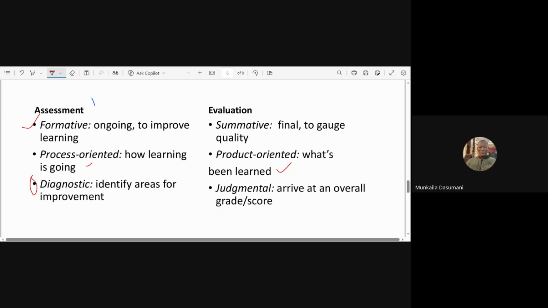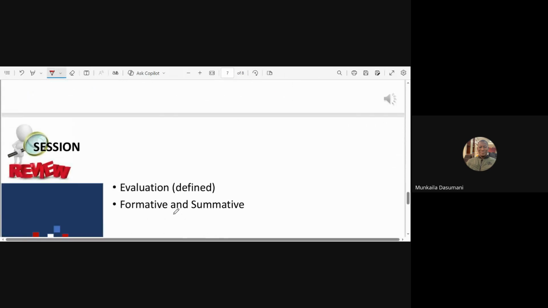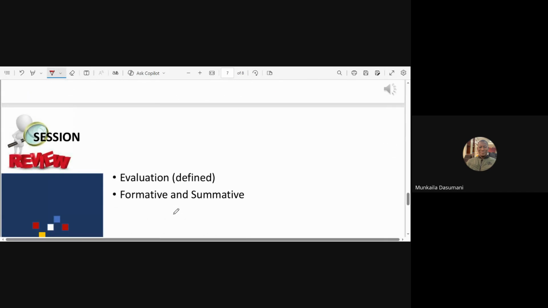You need to do small assessments to improve that area. But in order to make a judgment, that is an overall grade or score, you have to evaluate the students. That is why they say I'm grading them, and that grade is going to help you evaluate their overall grade or score.